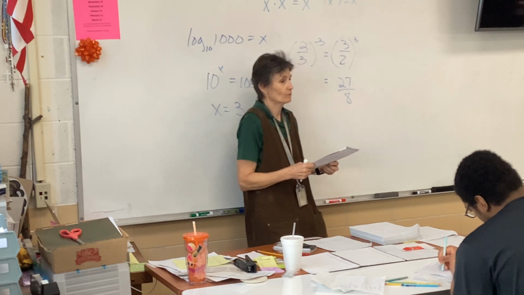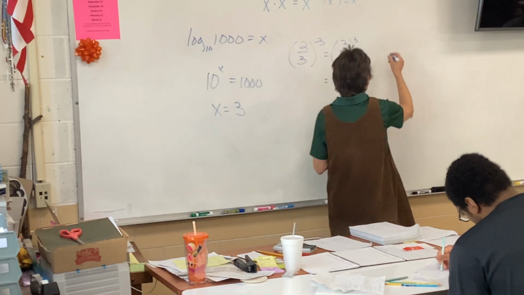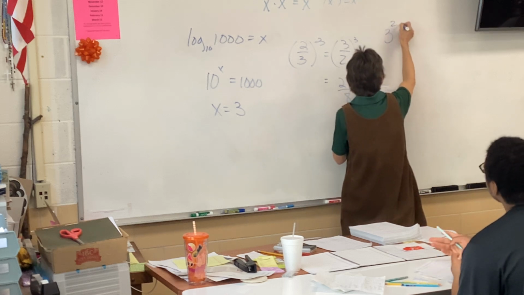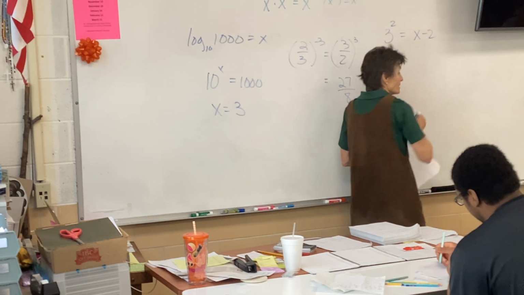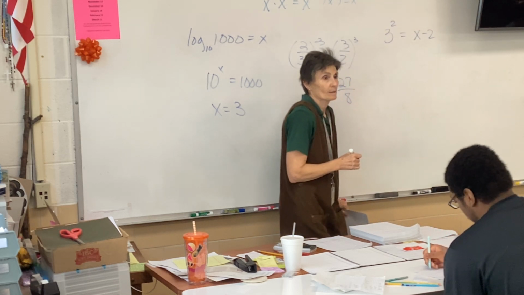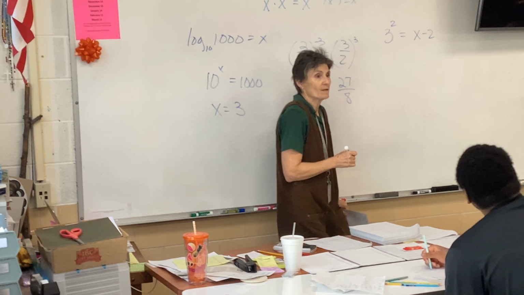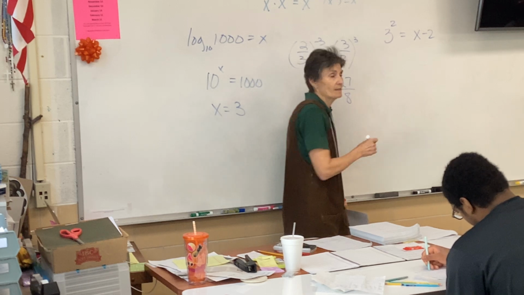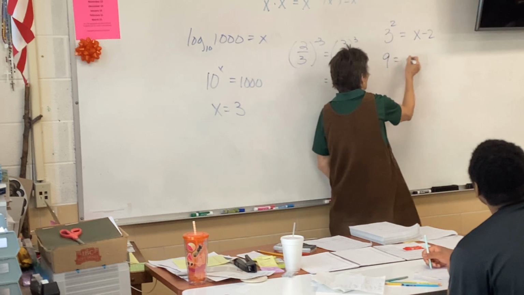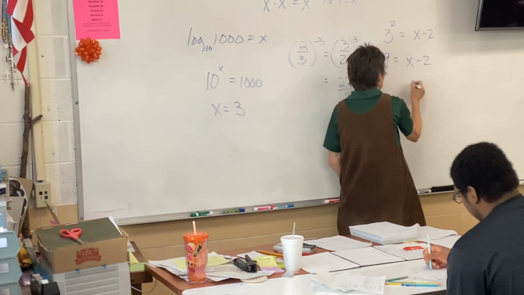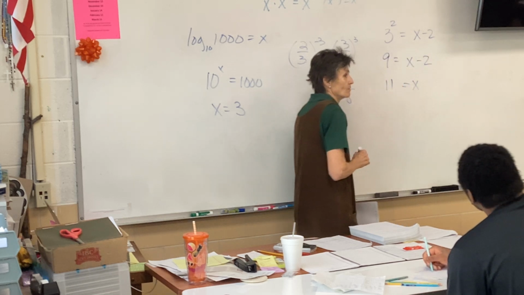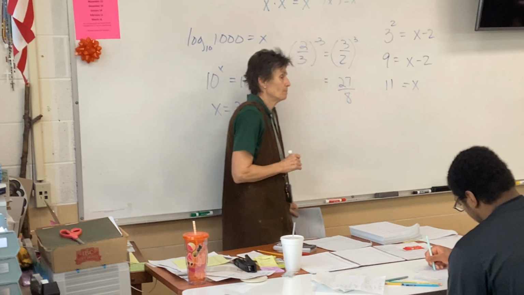Yeah, absolutely, you'll do the loop-de-loo. And when you do the loop-de-loo, it says 3 to the second equals x minus 2. And we know that 3 to the second is 9. And so we'll add 2, and it looks like our answer is 11.